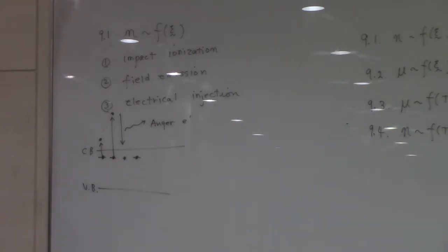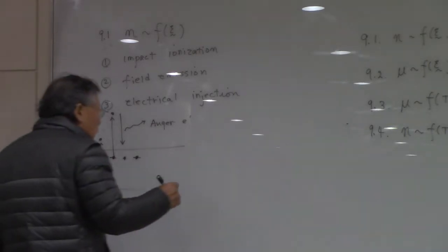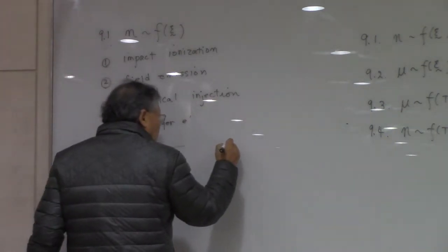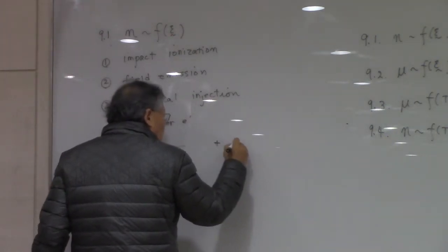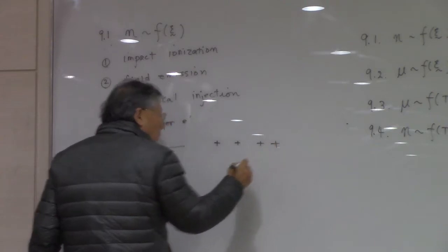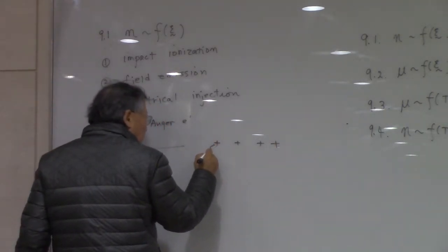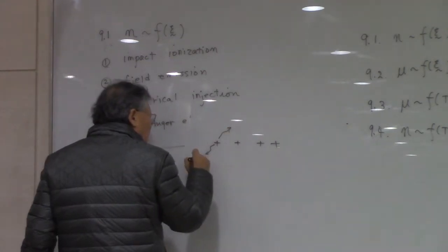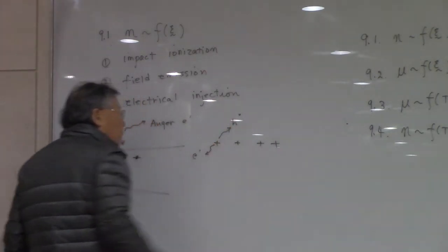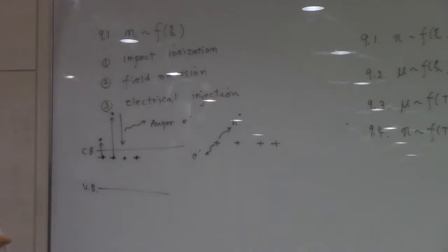And impact ionization happens whenever, in a silicon matrix for example, you apply a high electric field, then you can generate electrons and holes with the high electric field.